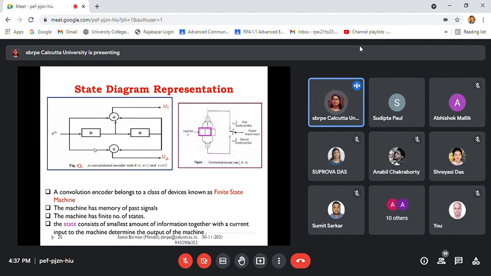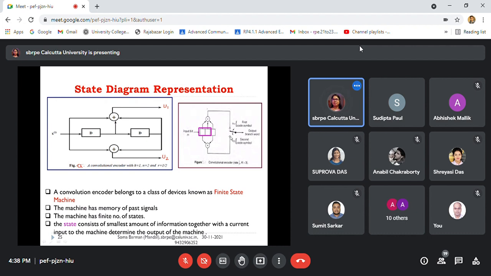Code rate half means one input bit and two output bits, u1 and u2. The output sequence is 2, depending on how many generator vectors there are. In this case the generator vectors, or connections, are 2, so obviously the output sequence is 2.